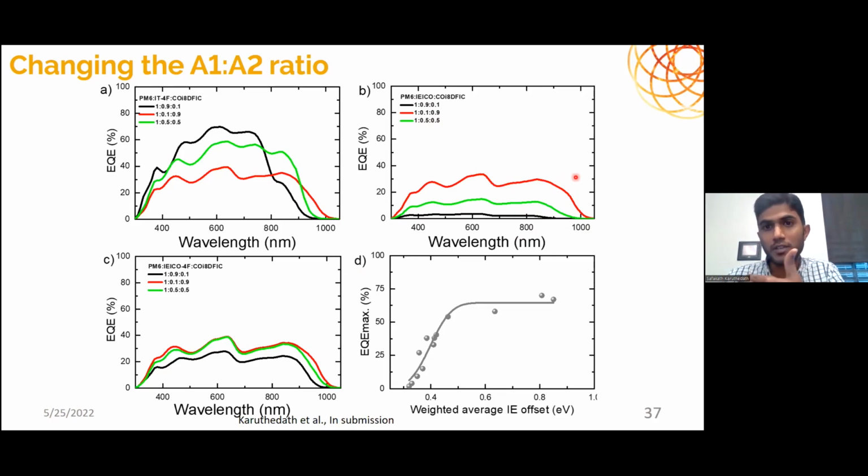So one could argue that, okay, IICO and IT4F have a very similar absorption region, so maybe this improvement is coming from the IT4F material itself.